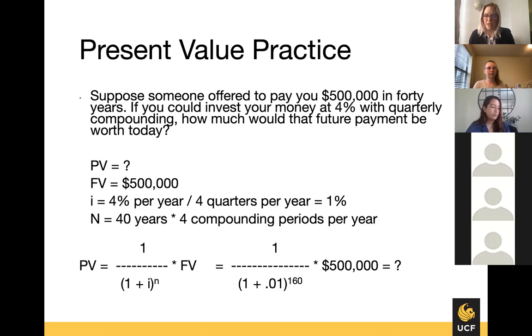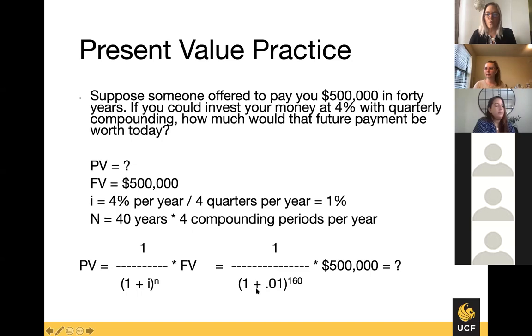Similarly, we need to adjust the n here because we've got 40 years that we need to wait for this nice payoff. However, we know that the interest will be compounded 4 times per year, so we multiply the 40 times the 4. So our present value formula, similar to the previous slide, is 1 over 1 plus i to the n, times future value.